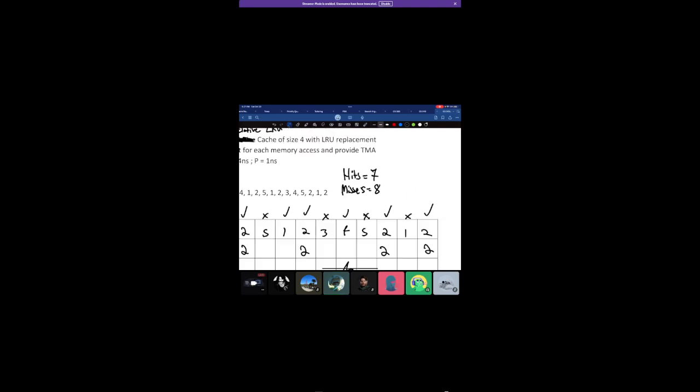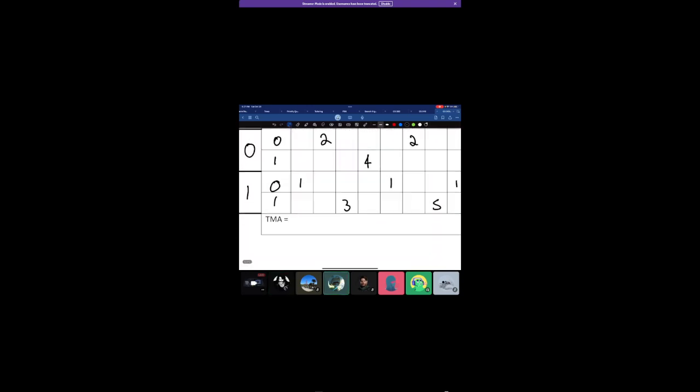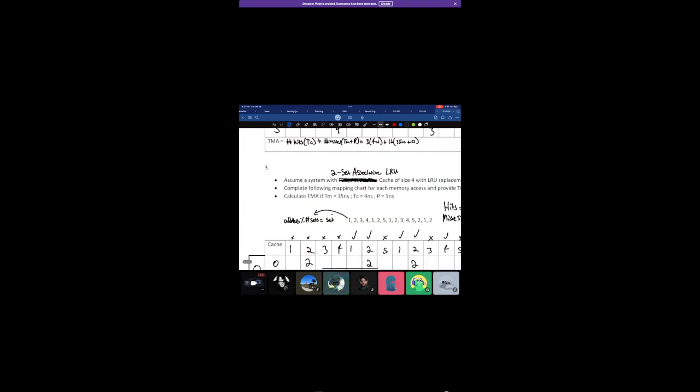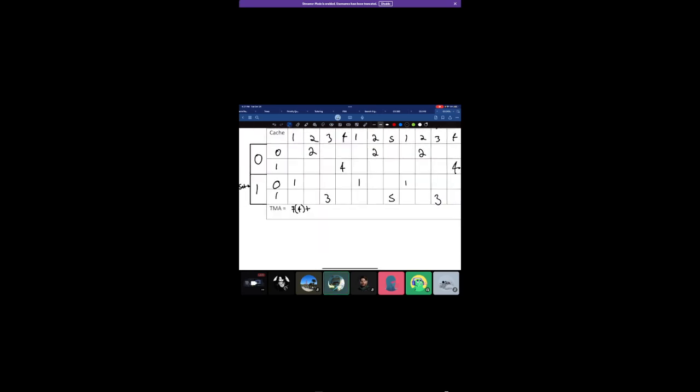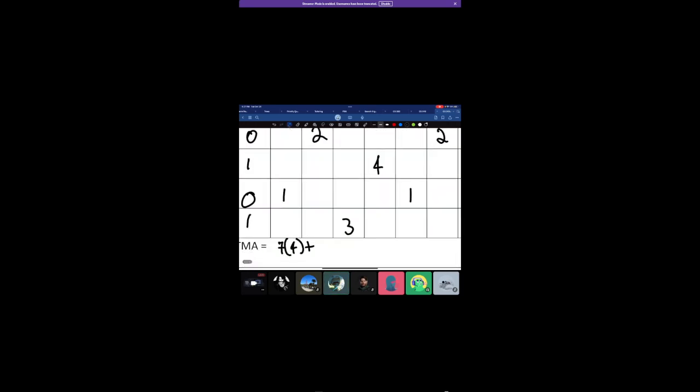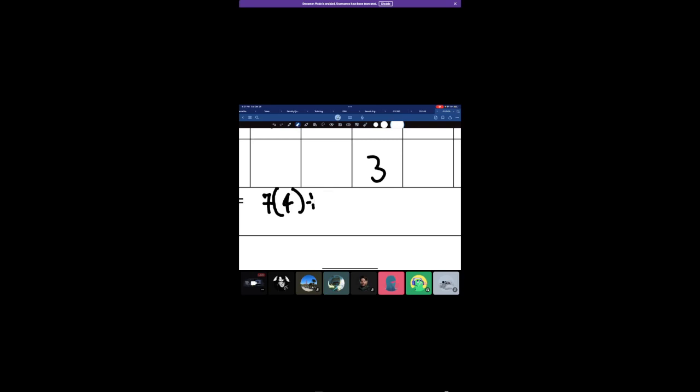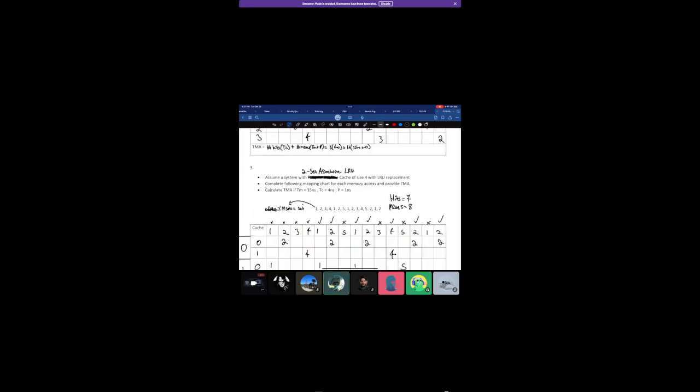So the number of hits is 7 times the TC, I believe it was 4, plus the misses, 8 times 35, plus 1, because in this one, P is 1 and TM is 35. And that's it.